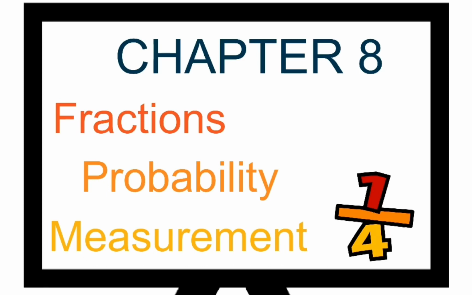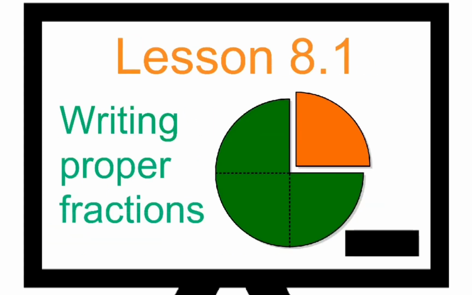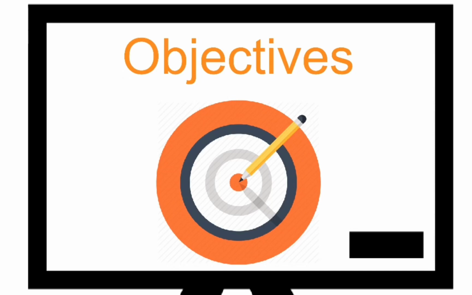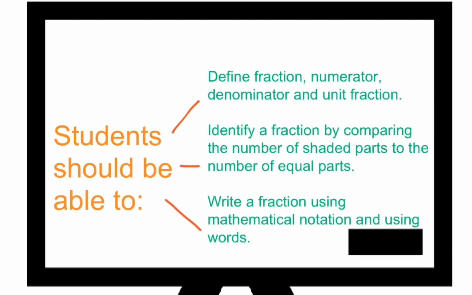Chapter 8. Fractions, Probability, and Measurement. And we will focus on Lesson 8.1, Writing Proper Fractions. Objectives. Students should be able to define fraction, numerator, denominator, and unit fraction as concepts.